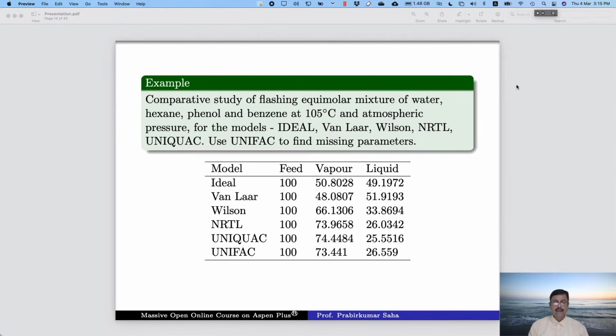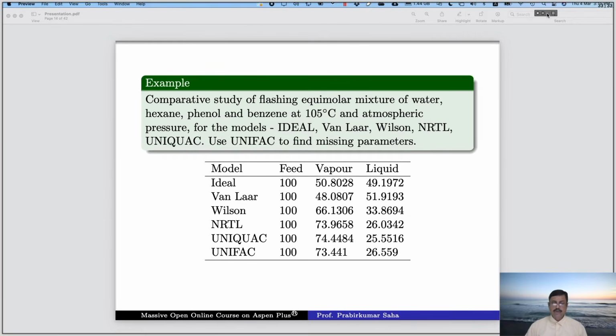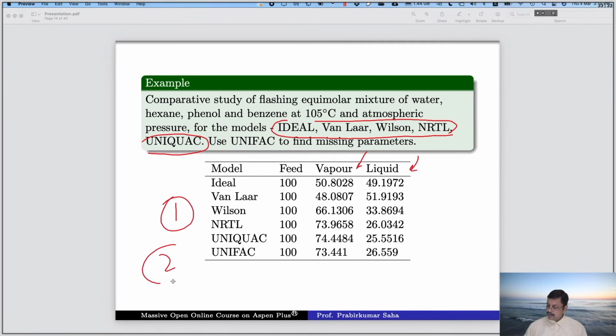So let us see what it does. Now this particular example does two things. One is it shows how the choice of a different property method yields different results. That is number one. And number two, the lesson that we find is the use of the UNIFAC method to find missing parameters.